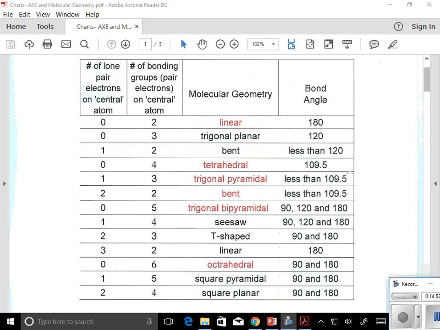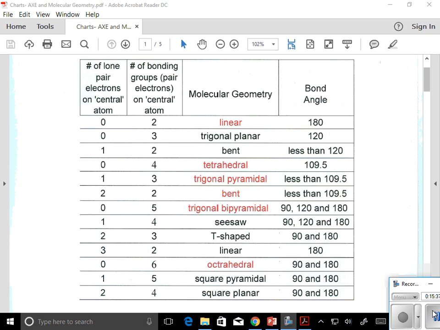You need to memorize these, because they are the most common of the shapes that we will see. Notice also that there are two bents up there. Just be aware of that.